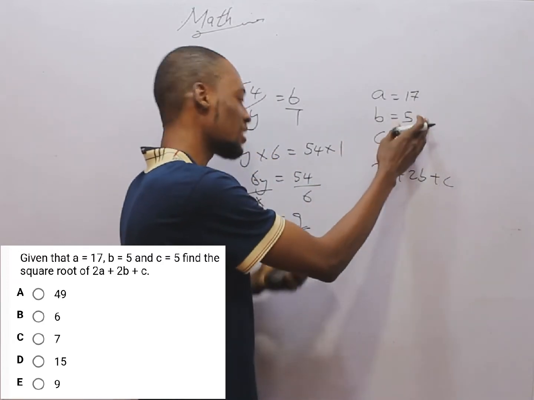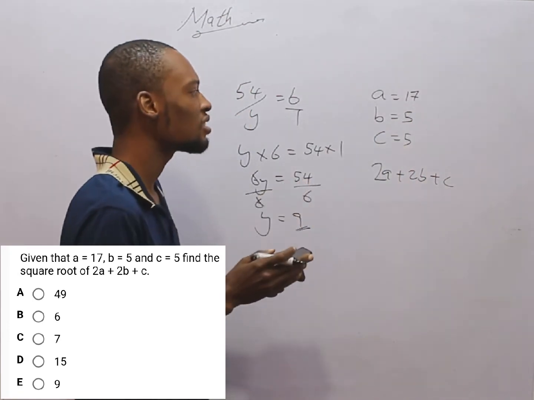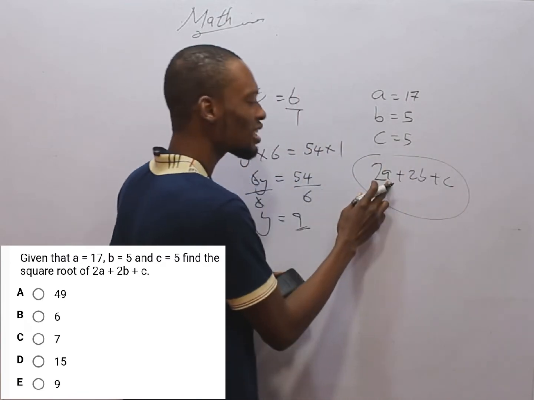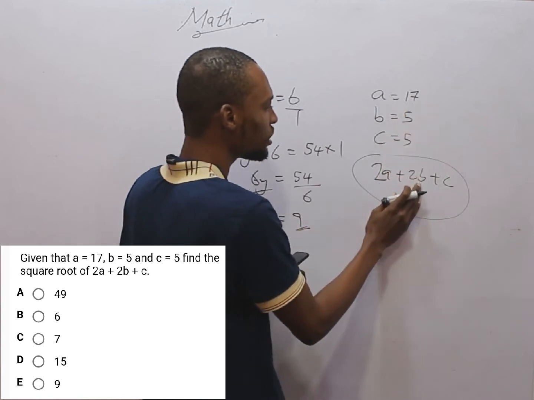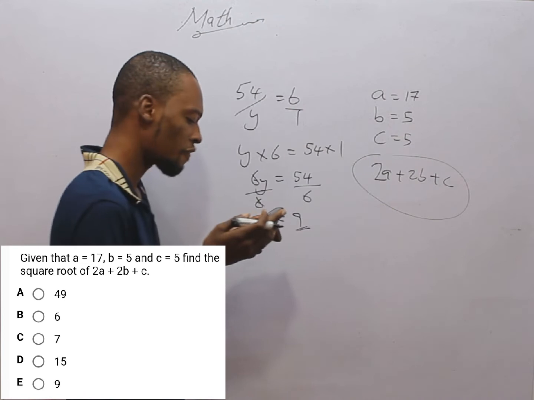How do you substitute? They said a is 17, b is 5, and c is 5. Which means, in this expression, instead of a, put 17. Instead of b, put 5. Instead of c, put 5.